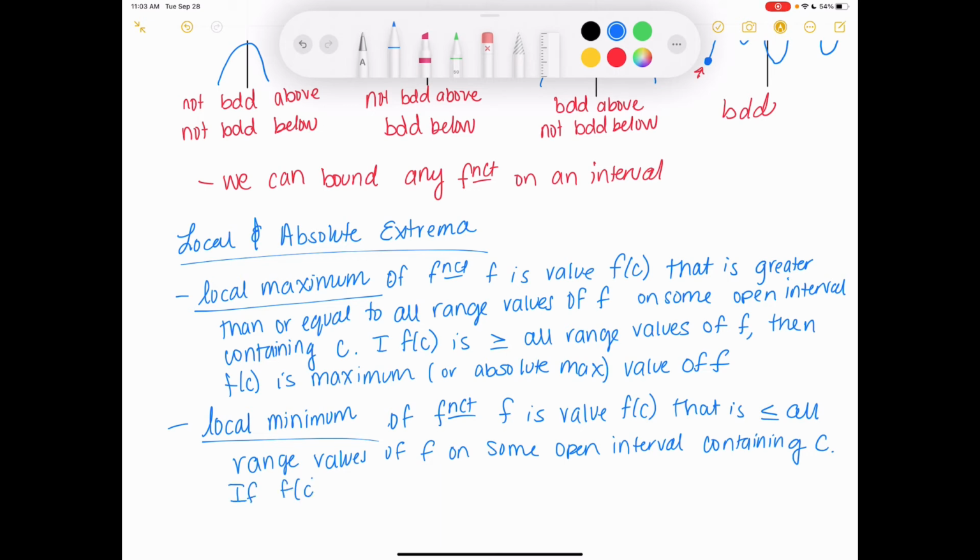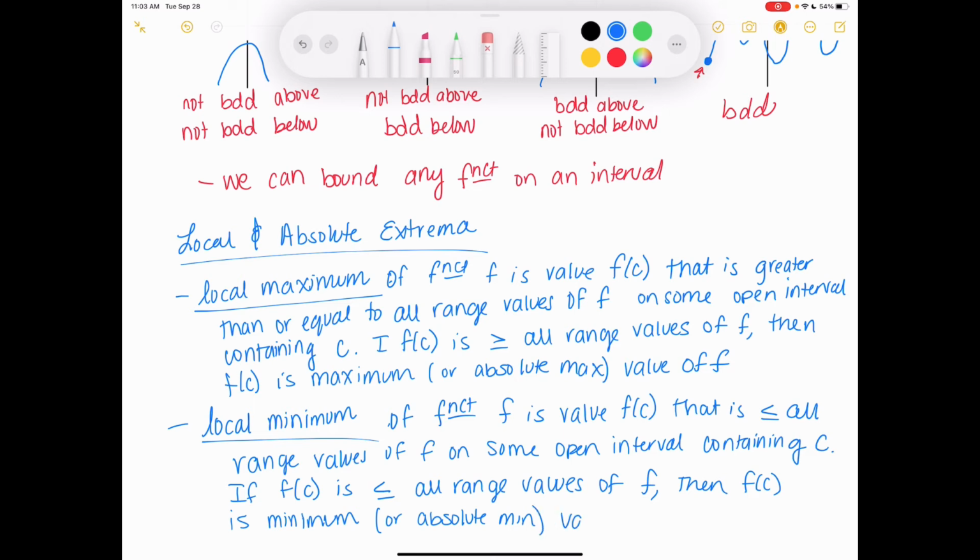If f of c is less than or equal to all range values of f, then f of c is the minimum or absolute minimum value of f.